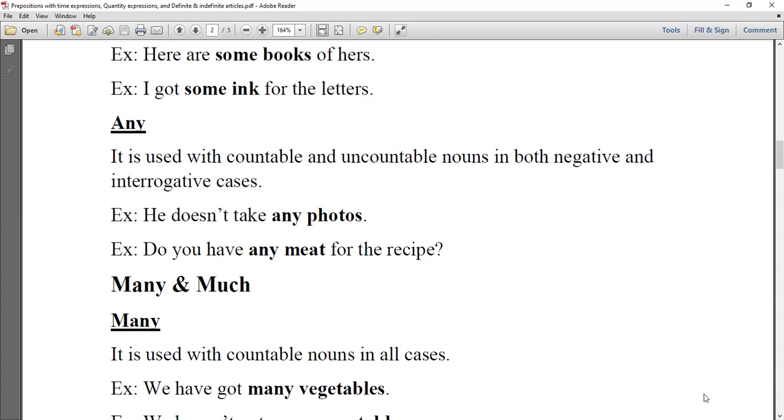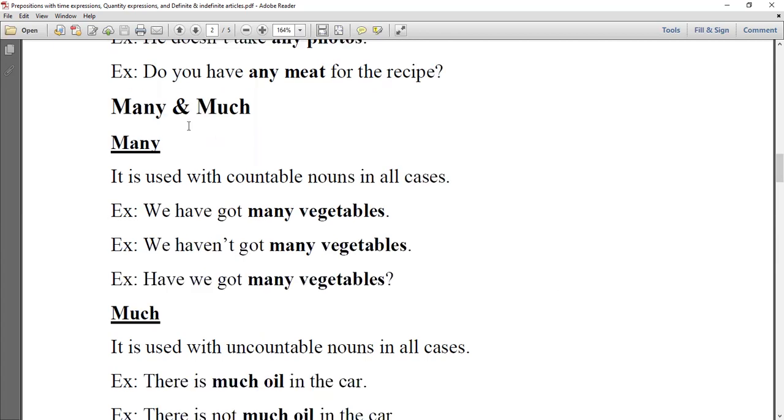Now we move to many and much. Both mean "a lot of". Many is used with countable nouns in all cases, meaning positive, negative, and interrogative sentences. We've got many vegetables.